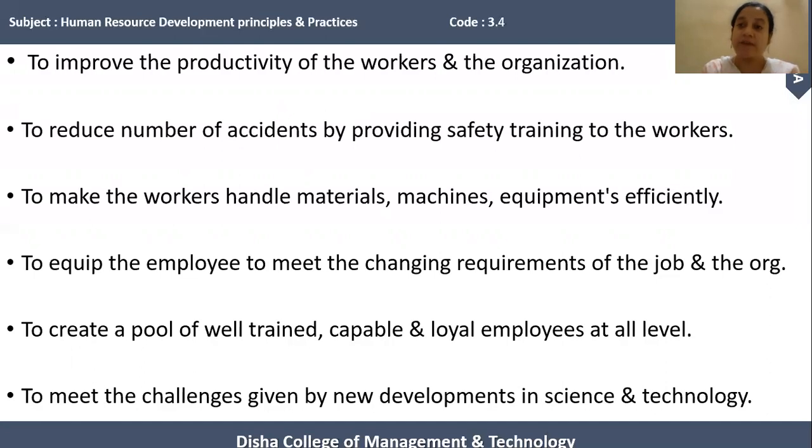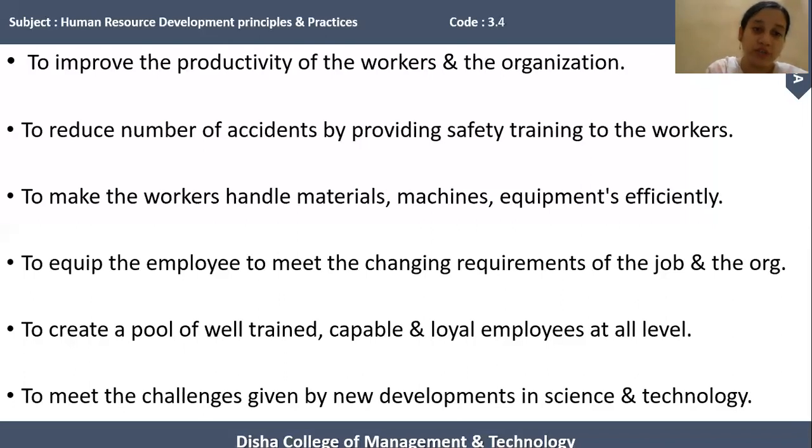In training, the person's skills, knowledge, and abilities are enhanced, and by applying these developed skills, the worker is able to improve his or her productivity. And if the person improves his or her productivity, then ultimately the organization's productivity is also improved.